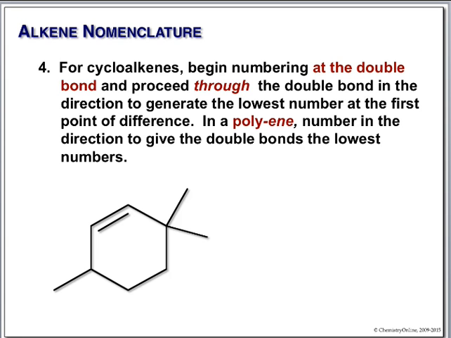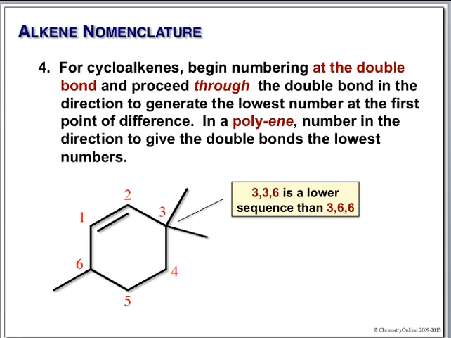If we let this be 1, then our numbers would be 3, 3, 6, right? If we let this be carbon 1, our numbering would be 3, 6, 6. 3, 3, 6 is better than 3, 6, 6.